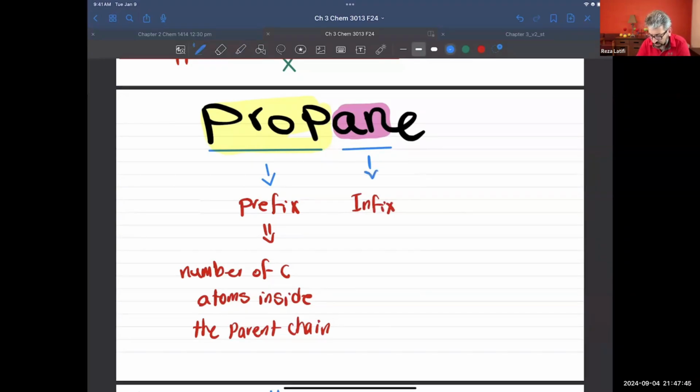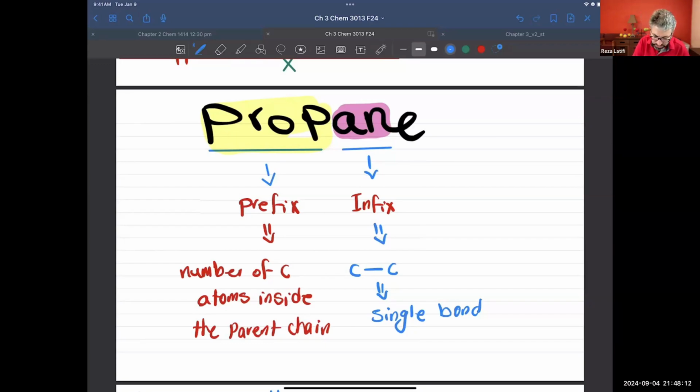And infix is going to tell you that, because it says AN, you have a carbon attached to another carbon through a single bond. So anytime you end the name with AN, that means you have a saturated compound, and the bond between carbon and carbon will be a single bond.